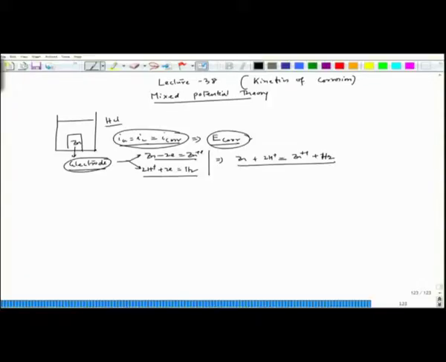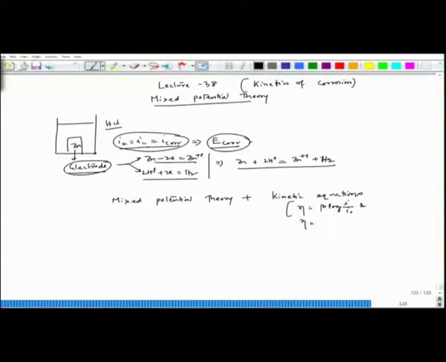Now, let us try to understand the mixed potential theory and the kinetic equations, in the form of Imax.